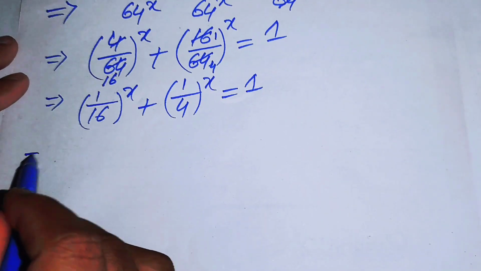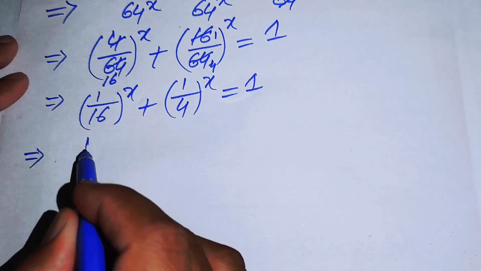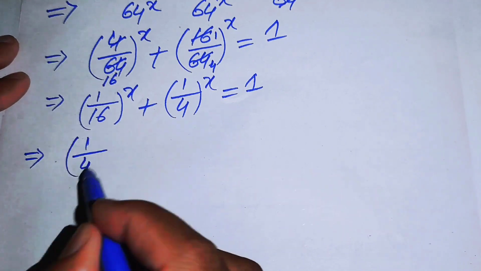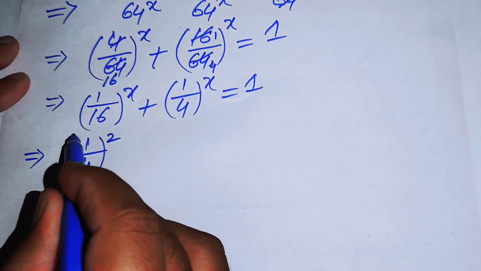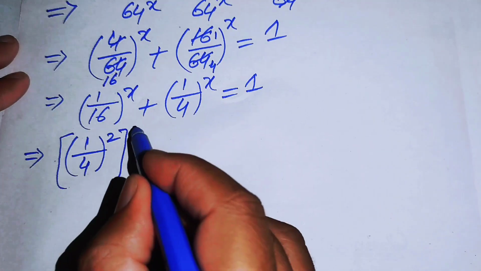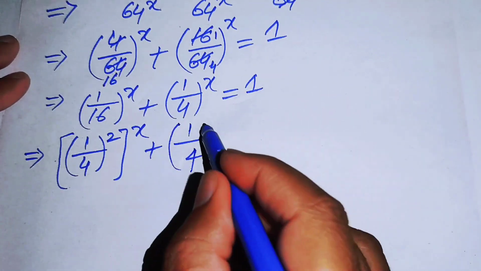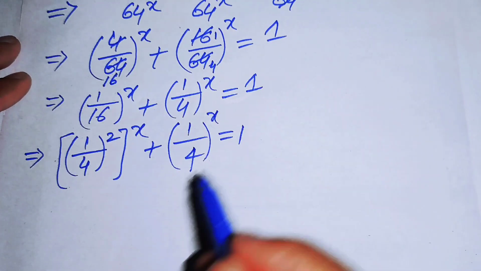After that we will write the 16 in square form, so we can write it as (1 over 4 squared) to the power of x plus 1 over 4 to the power of x is equal to 1.